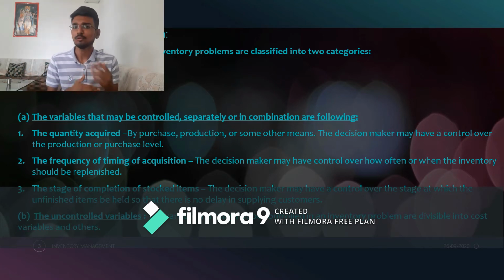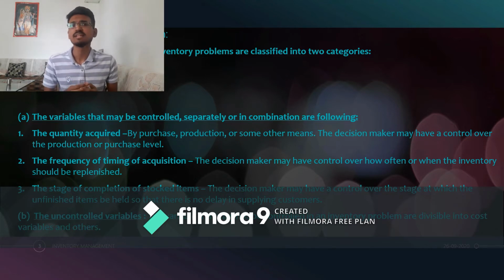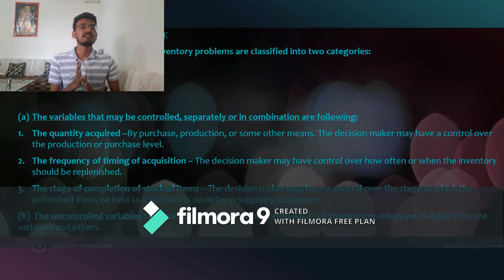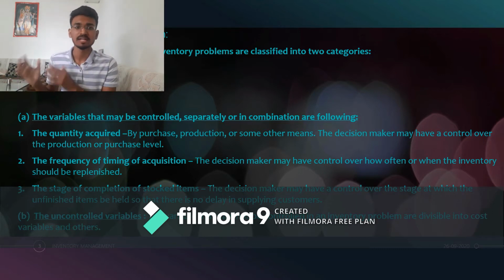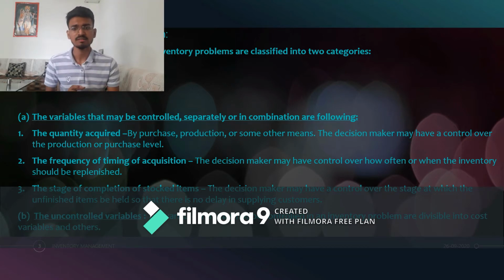Second is uncontrolled variables. Uncontrolled variables are those variables that cannot be controlled, like electricity supply. Like we will not get the stock of inventory on time due to the transportation problem, right? Those are the things that come under uncontrolled variables.